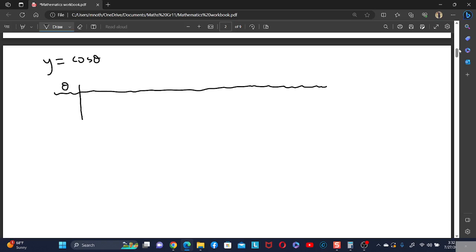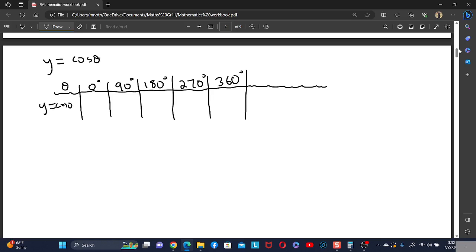So the values of theta are 0 degrees, 90 degrees, then 180 degrees, then 270 degrees, and then 360 degrees. So this is y equals cos theta, right?